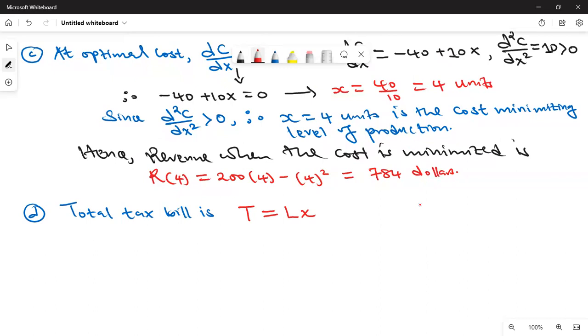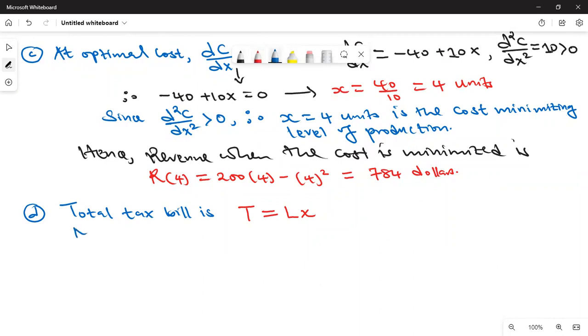The profit that you are getting even before you pay tax will reduce, because your tax is like a deduction. So that profit will reduce by the amount that you have used to pay the government.